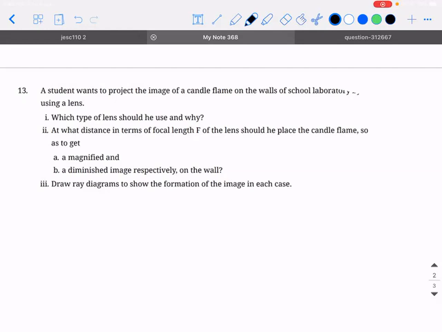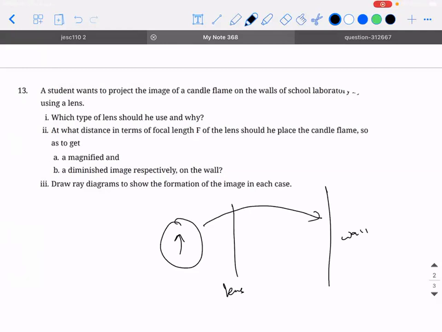So he's going to have a candle here and he will keep a lens in between, and this is the wall. If this candle's image should be captured on the wall, what type of lens should he use?